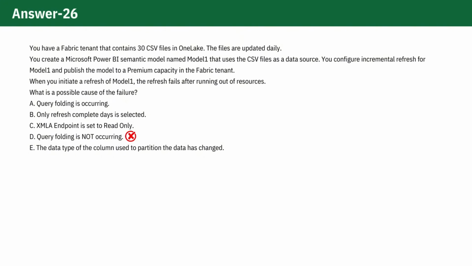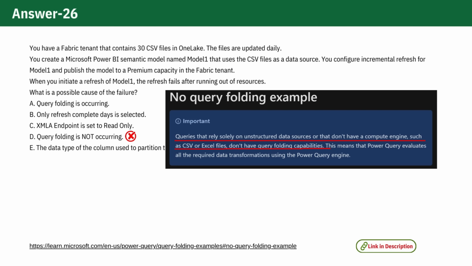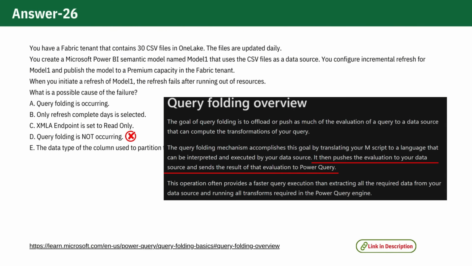If you thought it was option D, query folding is not occurring, let me explain why that is incorrect. Query folding does not happen with CSV files. Supporting documentation from Microsoft confirms that query folding is not applicable to flat file sources like CSVs. Therefore, the refresh failure is not due to the absence of query folding, as it would not be possible in this scenario.